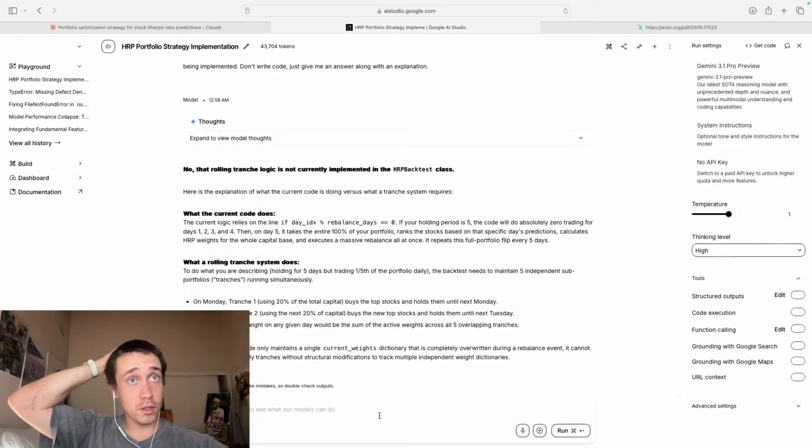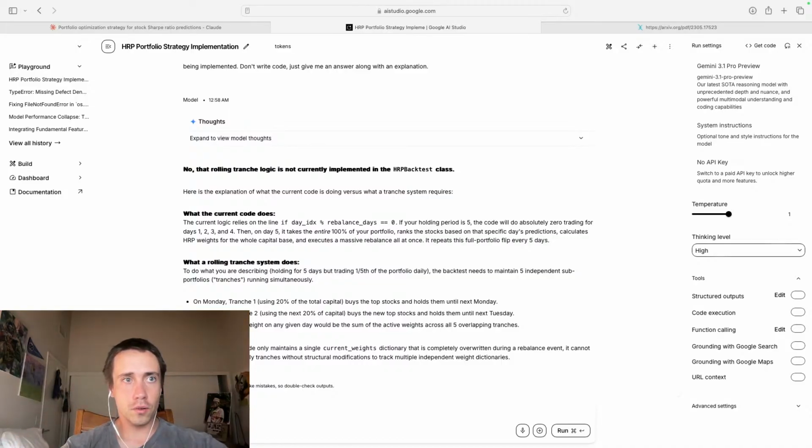The current logic relies on the line: if your holding period is 5. Okay. Add a new argument for rebalance days. If this is 5, use the same logic which is currently implemented. If this is 1, use the tranche strategy.